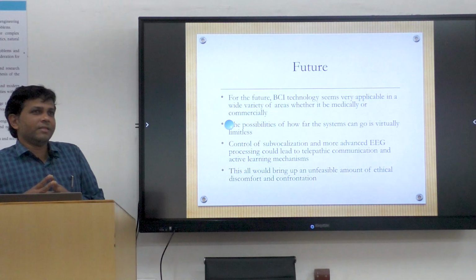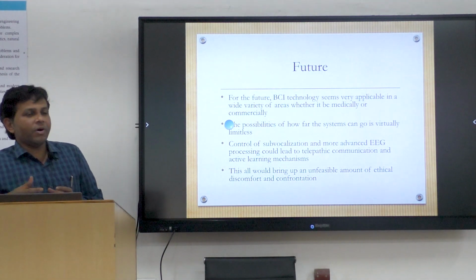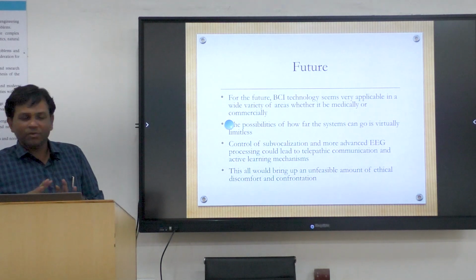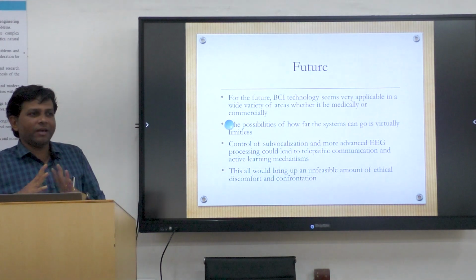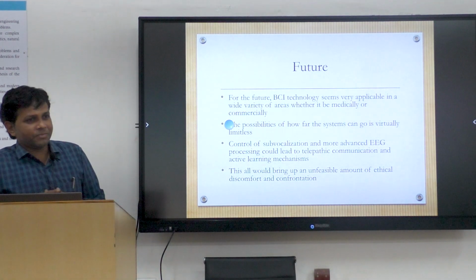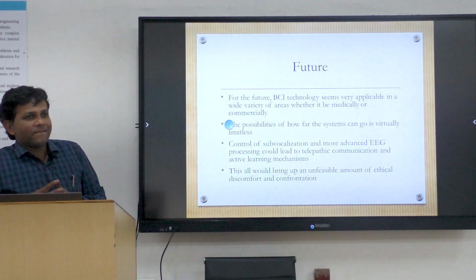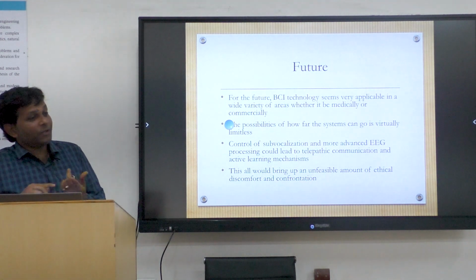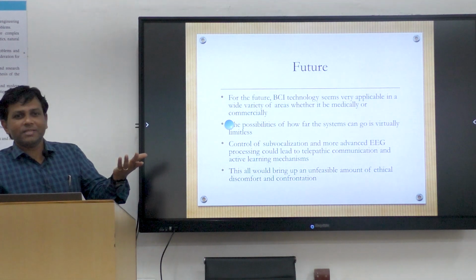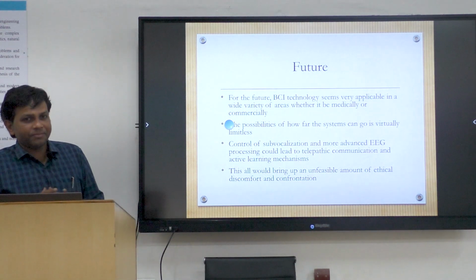Then the parents of the girl asked the boy whether he smokes, he said no. Do you drink? No. Any other bad habit? No, I have no bad habits, only I lie. Then everything he has told is a lie, right? So it's a common practice. It may so happen if this research goes to such a level, I also want to see his brain signals and see whether what he is saying is a lie or not, right?